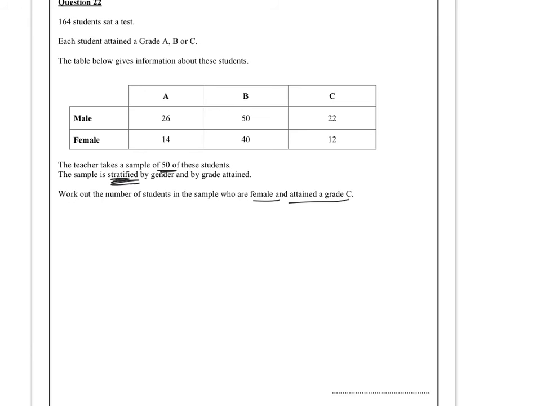So if it's a stratified sample, that means it's going to be proportional to the population. So we're looking for the students who are female and attained a grade C, so that's this. The proportion of females that attained a grade C in the whole class were 12 out of 164.